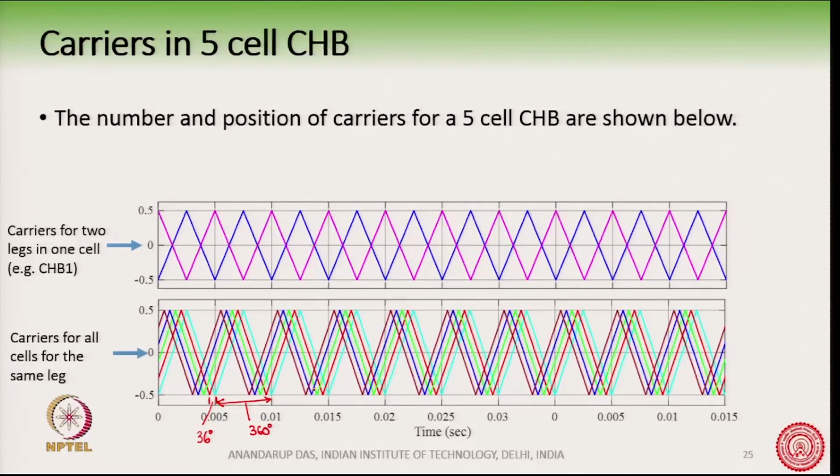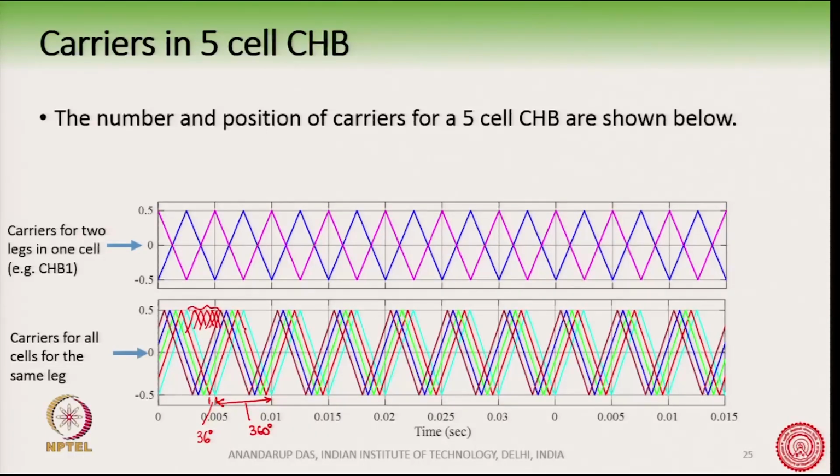So, this part which you are seeing empty here will be filled up by the 5 carriers of the right leg of 5 cells. Okay. So, in this part you will see there will be one more carrier, 2, 3, 4, 5, like this. The 5 carriers will come here, which we are not showing because the picture will get clumsy.